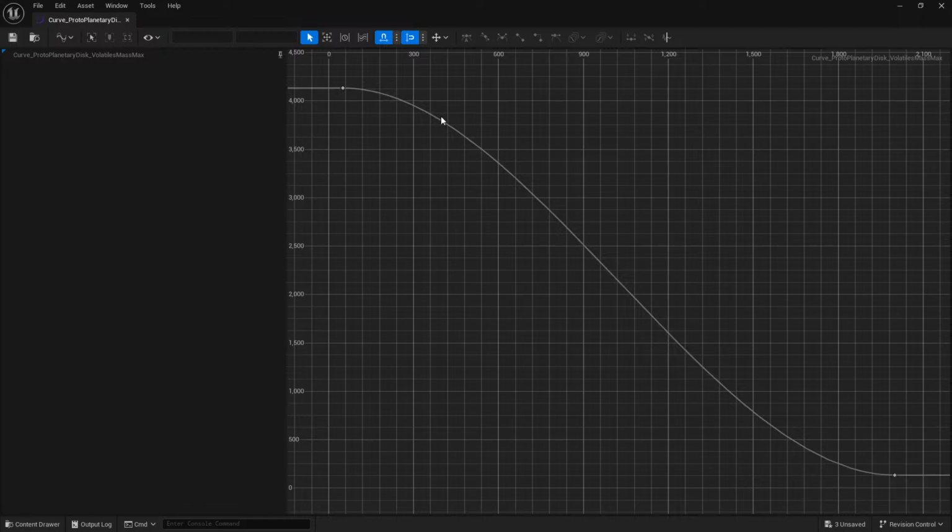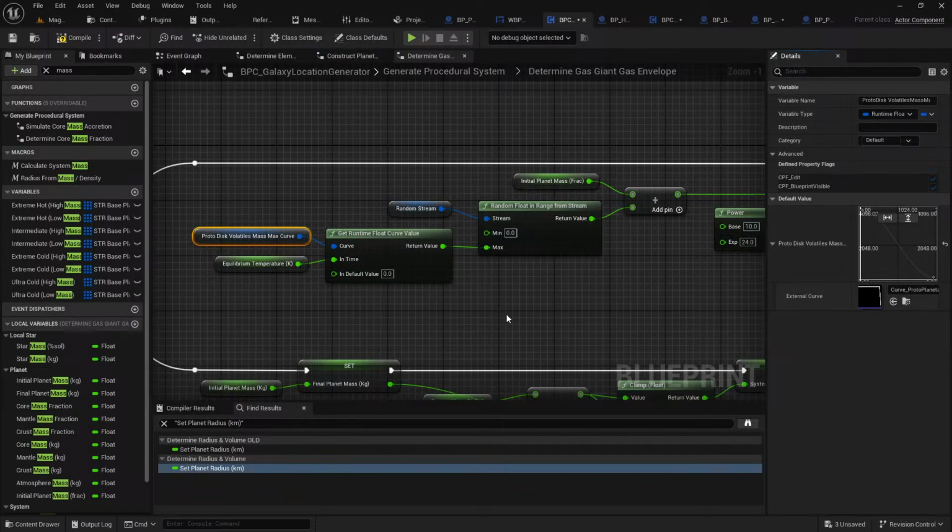And this is based on distance from the star. So the colder it gets, the more volatiles there are in the protoplanetary disk. So that's right. That's good.